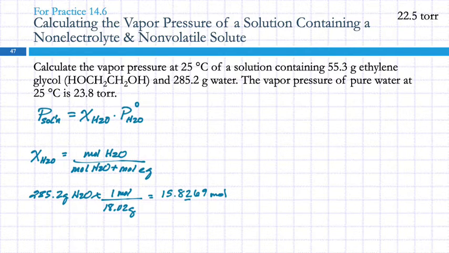And then the ethylene glycol, 55.3 grams of EG. I was tempted to ask Siri, but I don't know that I trust her. So there's 6 hydrogens in there times 1.008, and there's 2 carbons and 2 oxygens. So 62.068.